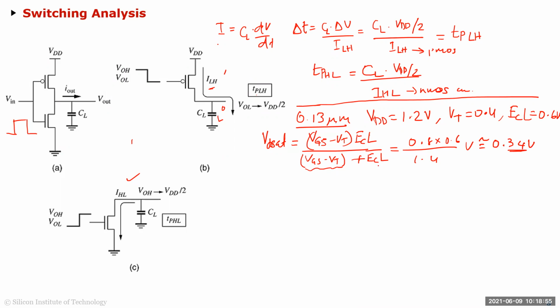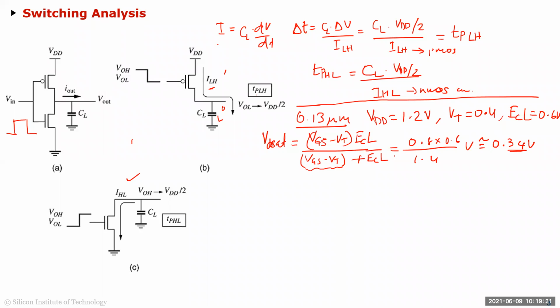Okay. So which means that, and yeah, this is for NMOS, as long as your drain voltage is higher than 0.3 volts, then you're in saturation.